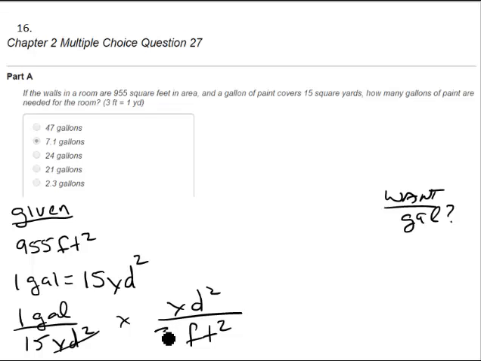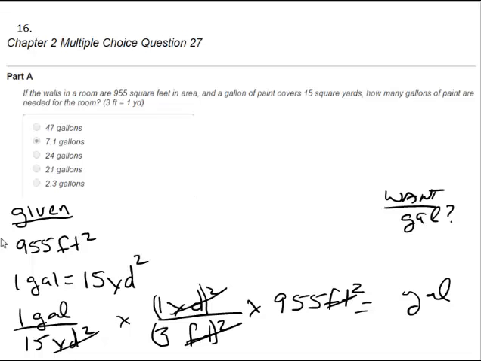I'm going to have 3, and I'm going to square that whole thing for every 1 yard, and that allows me to cancel my yards then. And now I've got square feet, and I know I have 955 square feet, and I can cancel those units, and I'm left with gallons.